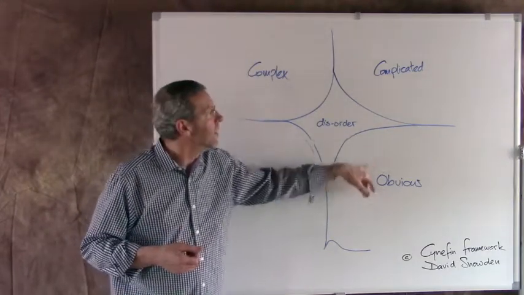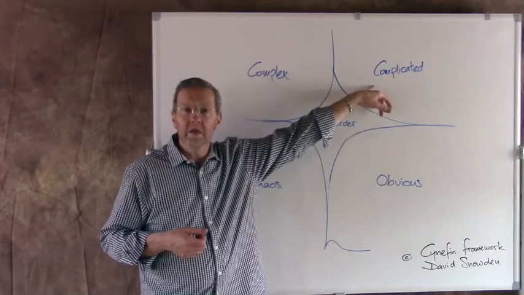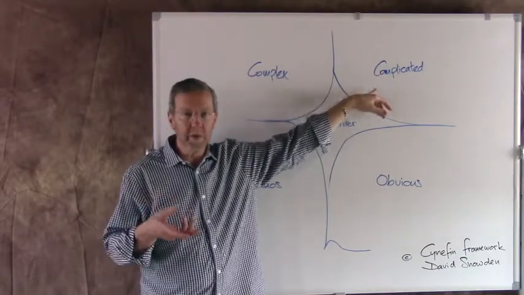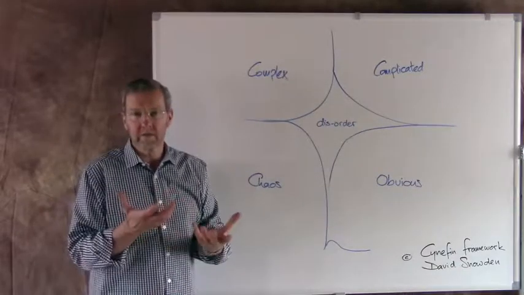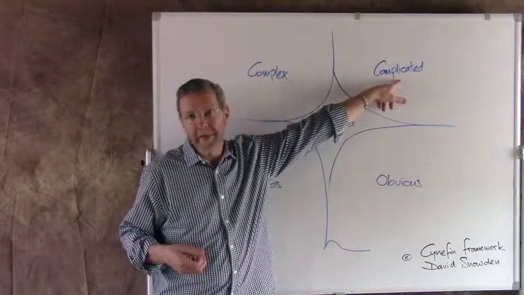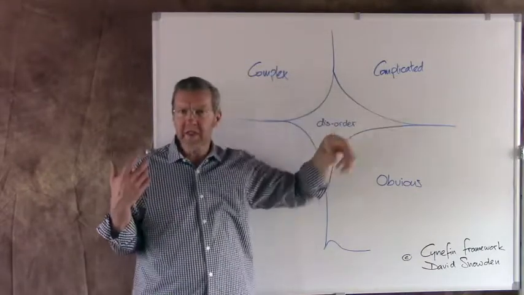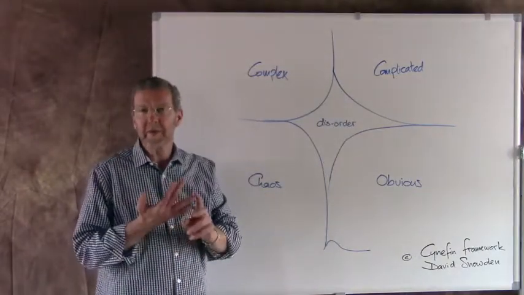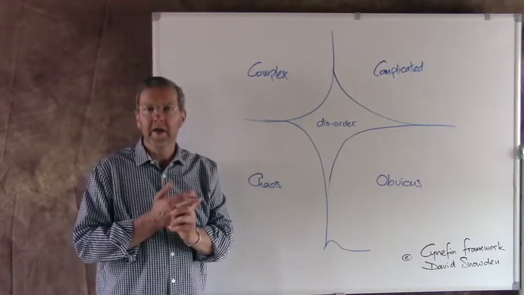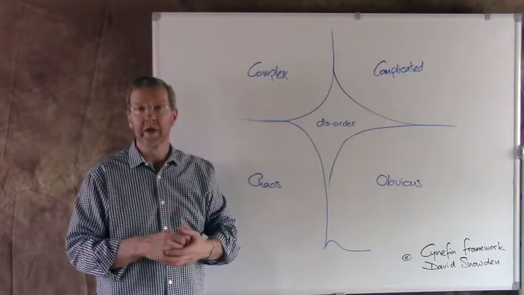So an obvious state of a system has got rules, has got boundaries, people know what to do. Complicated is also a state of a system where there are boundaries, where people know what to do. There are rules, yet the rules are more complicated. So it needs people with more experience, with more in-depth, with broader knowledge. Think of the designers of the video camera.